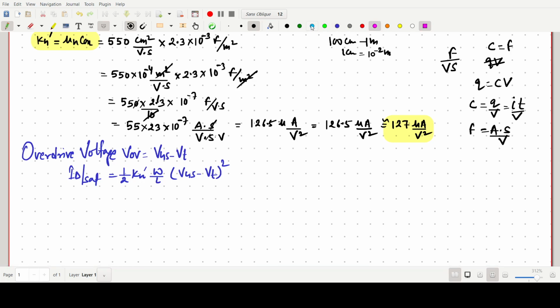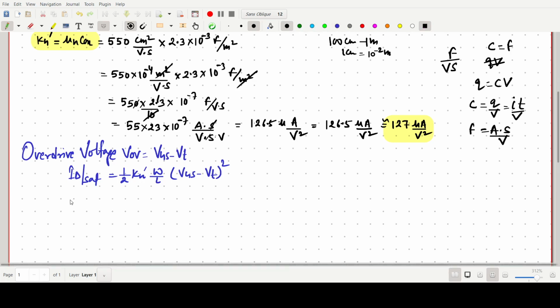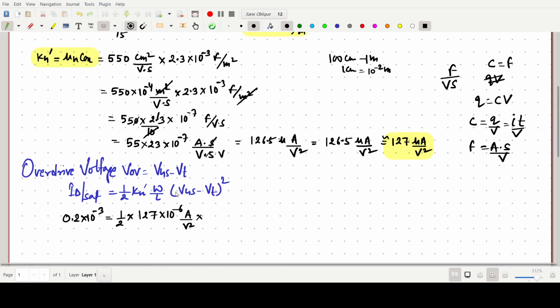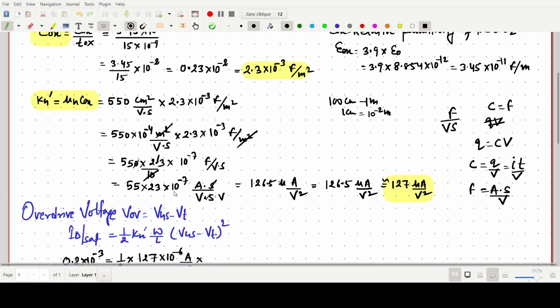So in the question it is clearly mentioned the drain current value is around 0.2 milliampere. So I am directly writing it should be 1 by 2, and K and S we have calculated 127 micro, so 10 to the minus 6 ampere per volt square, into W by L is also given 20, okay.